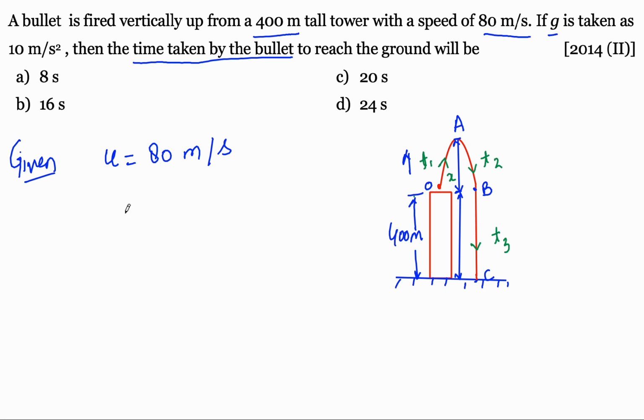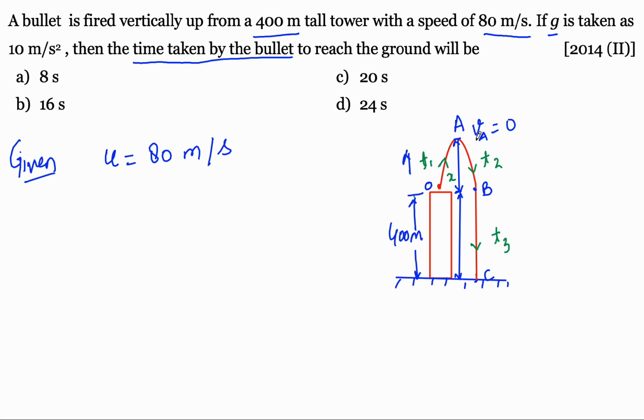Now one more thing is also given to us, and I have also explained it to you: the velocity at A. Now the velocity at A will be 0. You might have observed that if you throw a stone in the upward direction, it decreases its speed, and at a point it becomes 0.